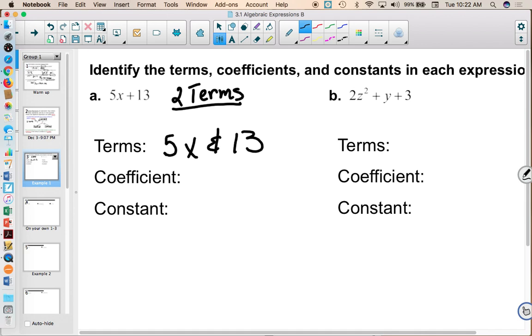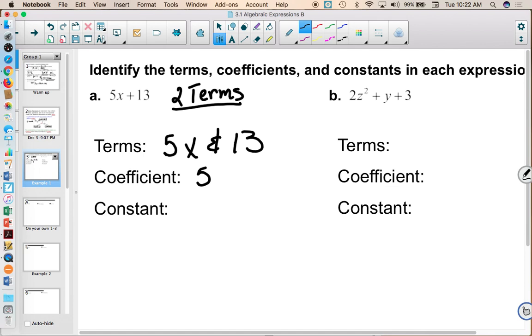What is the coefficient? We're just identifying. What is the coefficient? I don't see you writing, so I don't think you're going to know what we're doing. Braden, what's the coefficient? 5x. Good try, but nope. What is the coefficient? Chance? 5. The 5. Good. Why the 5 and not 5x?